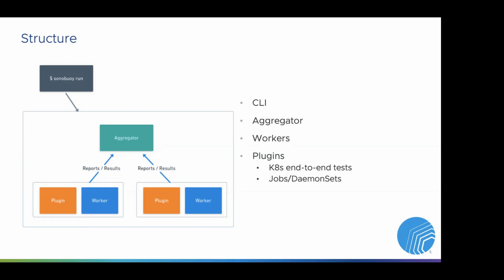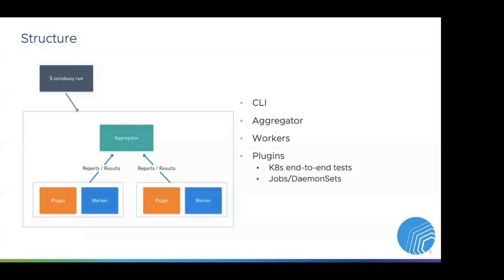That communication is done over HTTPS, and Sonobuoy handles all of the secure communication itself for you. So the only thing that the plugin has to do is its own work and then transmit those results to the worker. And since it's local within the pod, that's usually a very simple thing. You can do a simple bash script is enough to communicate with the worker.